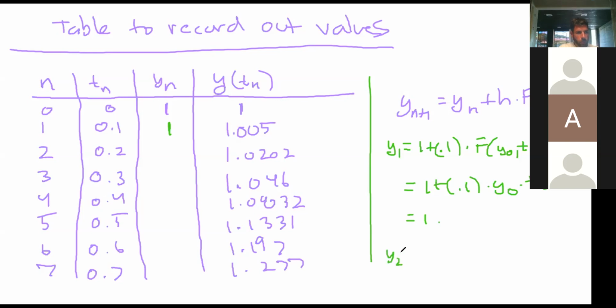Then what's y sub 2? Y sub 2 would be 1 plus 0.1 times f evaluated at y sub 1, t sub 1. y sub 1 is 1, and this is 0.1. So this is 1 plus 0.1 times 0.1 times 1, which if you go to a calculator, you get 1.01.